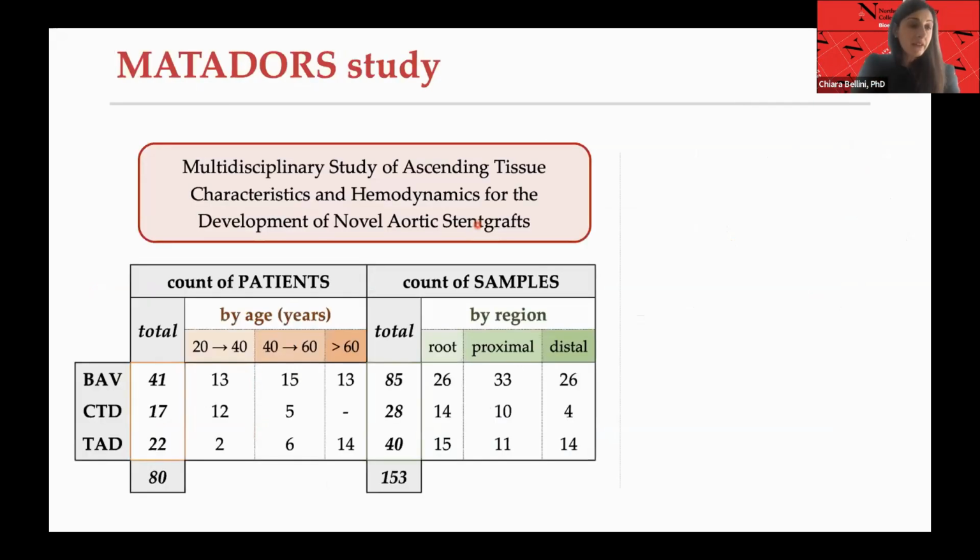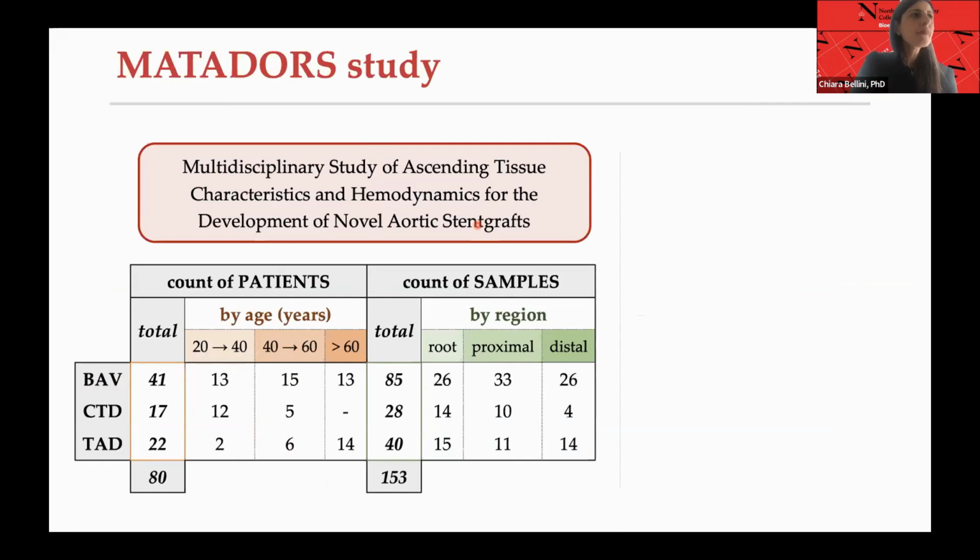To test this hypothesis, we characterized the biaxial mechanical response of tissues from the root, proximal, and distal regions of the ascending thoracic aorta in patients who underwent elective ascending aortic replacement at the Cleveland Clinic as part of the MATADOR study.